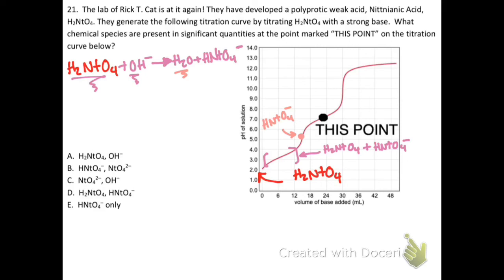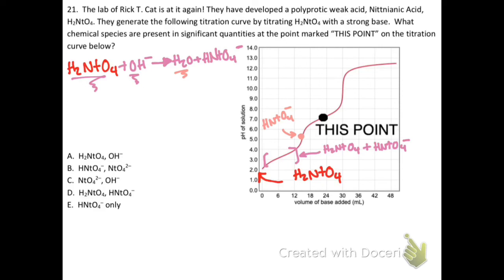Now, it should be noted that whatever strong base we have, be it like NaOH or KOH or LiOH, we're going to have some sort of cation here counterbalancing these charges. But in this case, we're just told it's a generic strong base. So other than whatever cation that is, all we're going to have is the HNTO4 minus at this point.